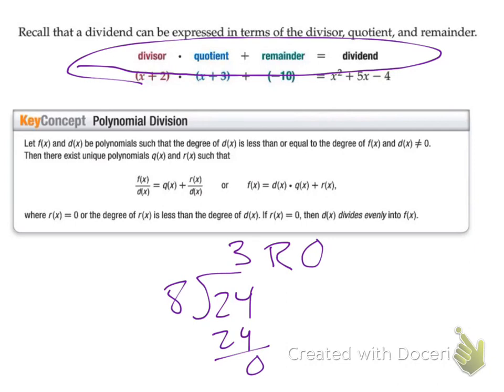Those would be called factor pairs. Would you guys not agree that 8 and 3 are factors of 24? Because they have a remainder of 0 when you divide one or the other into 24. We're going to use that to our advantage here.